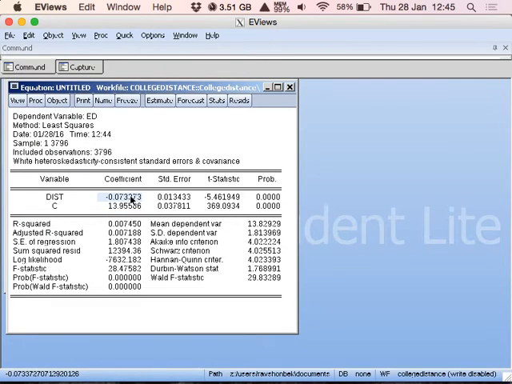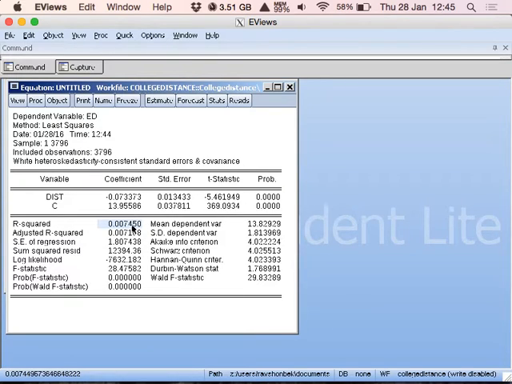If you take the distance coefficient and divide it by its standard error, it gives you the t statistic, the one that we've been calculating. And the t statistic is larger than 1.96 in absolute value, so the probability value has to be less than 0.05, which is the case here.